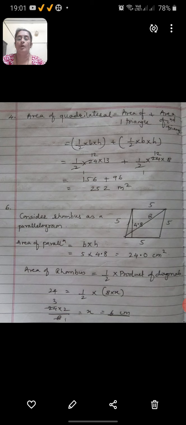Half into product of 2 diagonals. So as area we know that is 24, equal to half into product of 2 diagonals. One diagonal is given, that is 8, and the other diagonal we are going to consider as x. So when you solve that, you will get 6 cm as the other diagonal, children.